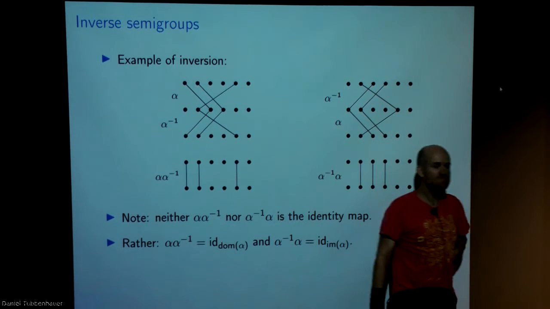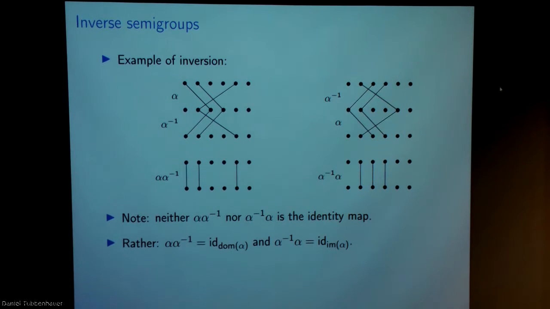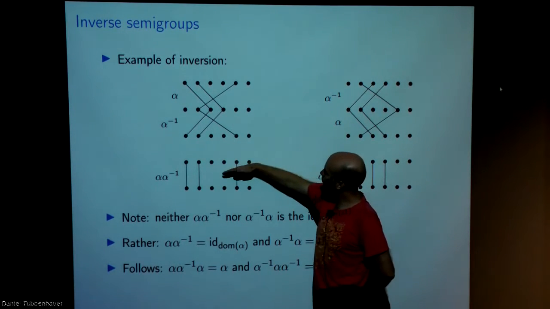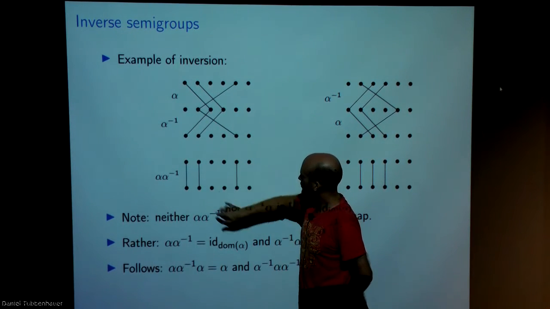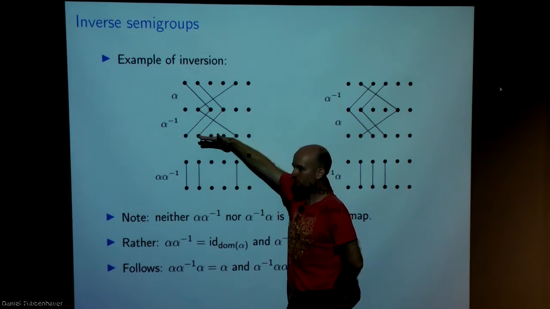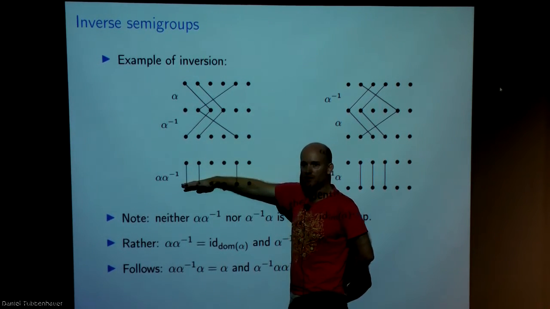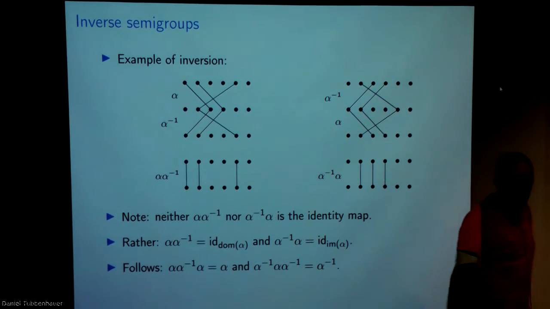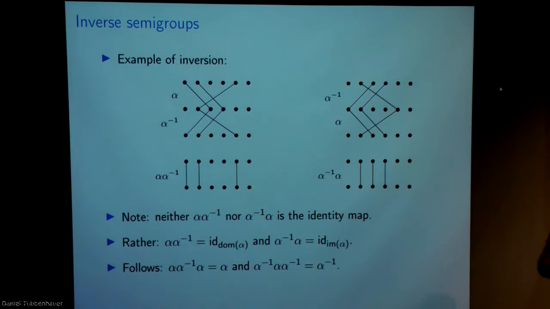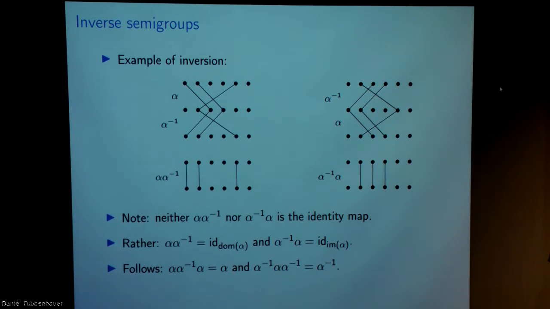That's really important. In particular, if we compose this with another alpha, we're just sticking an alpha here, and what we're doing at the start is just mapping its domain identically. We're just going to get alpha. So you can see how these laws hold, and why the inverse map is actually a semigroup theoretic inverse.